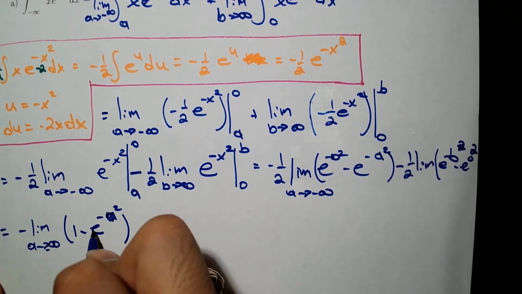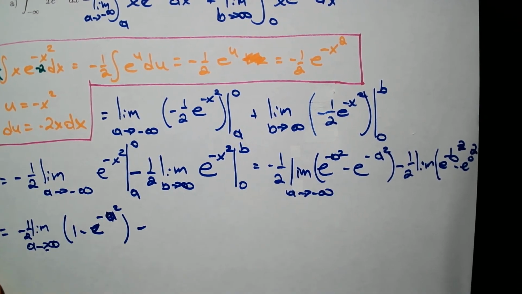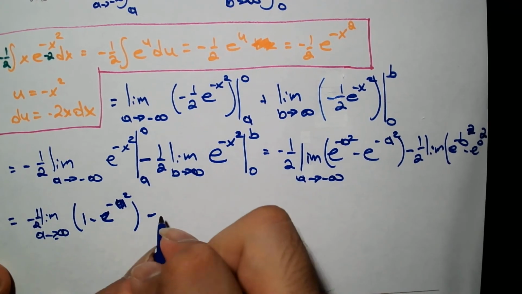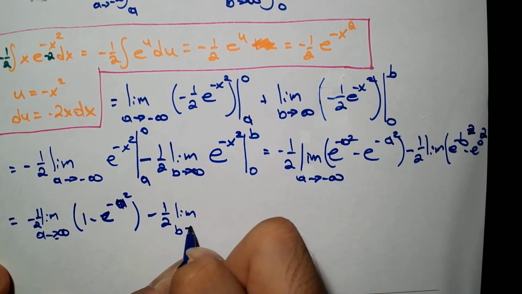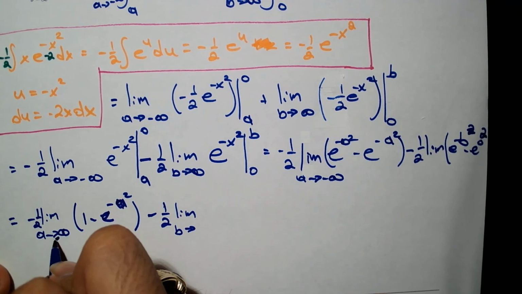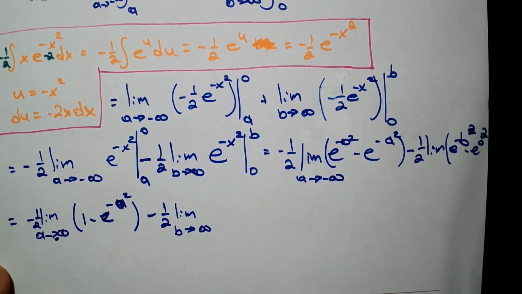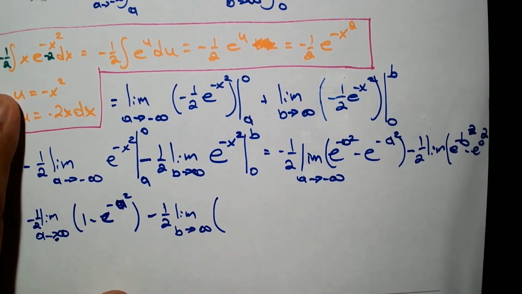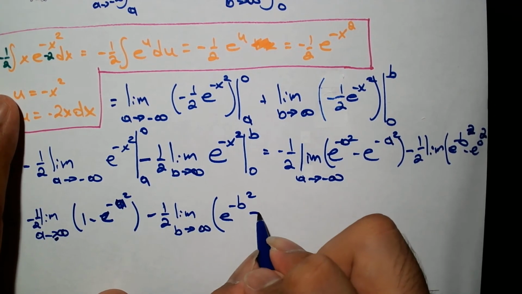We are simplifying the expressions first. Minus 1/2, limit b approaches positive infinity, e to the negative b squared minus 1.